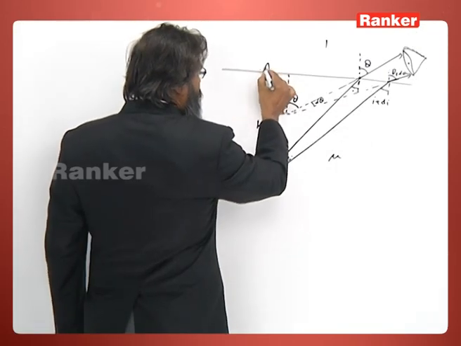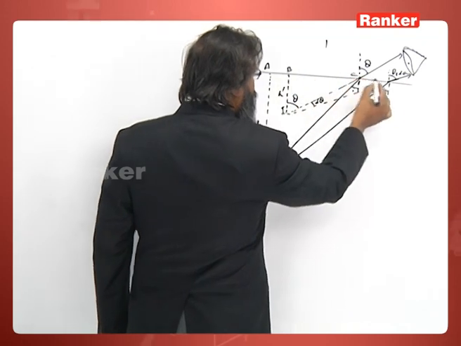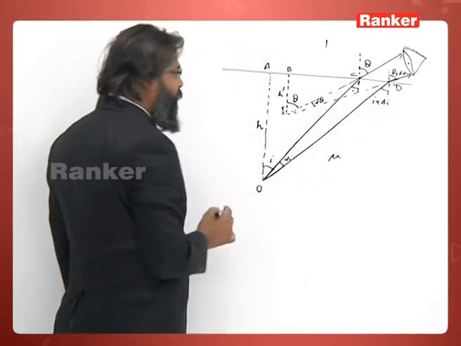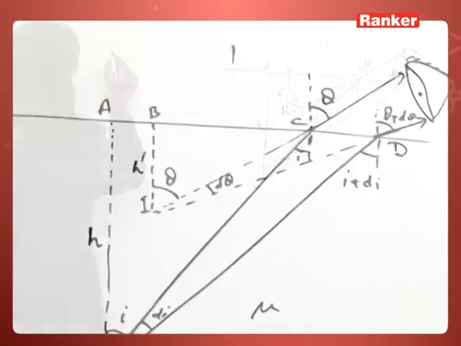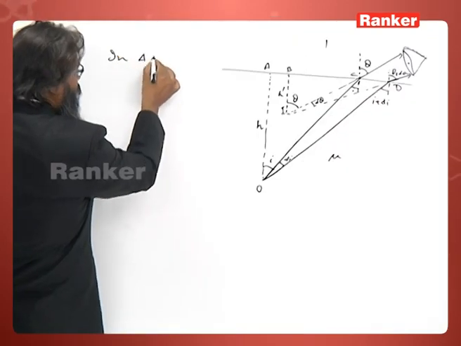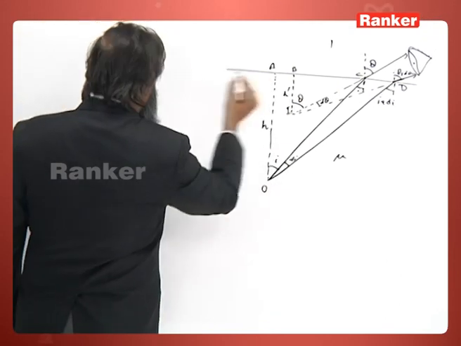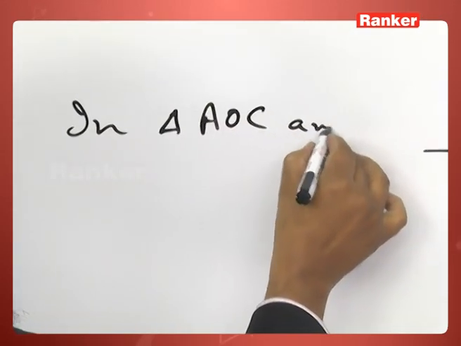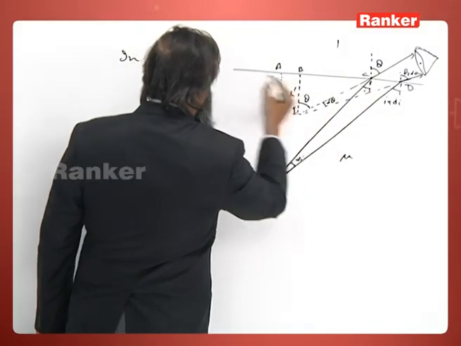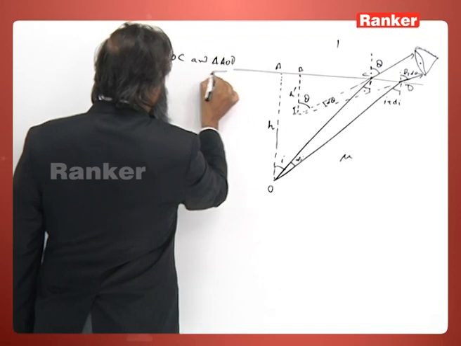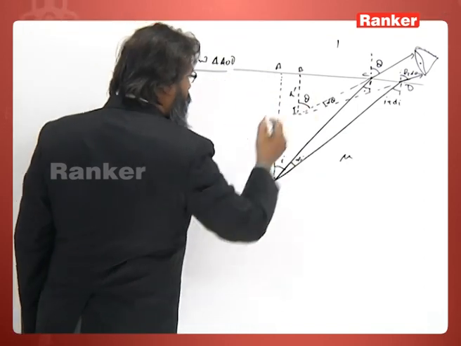Let us give names A, B, C and D. So now let us see triangle AOC and triangle AOD. These two triangles we are considering.